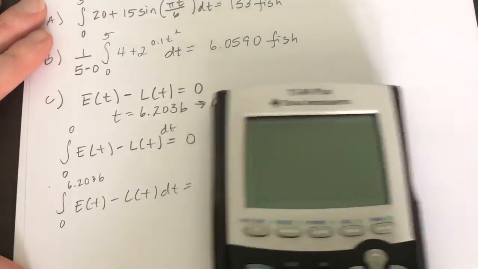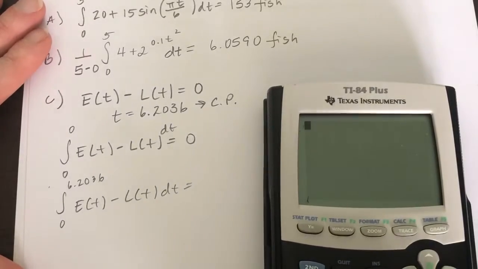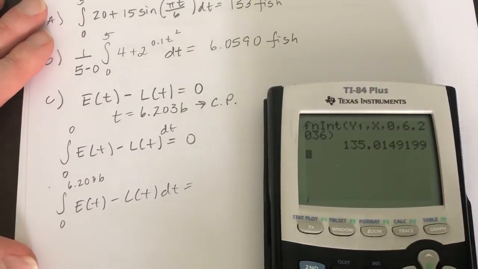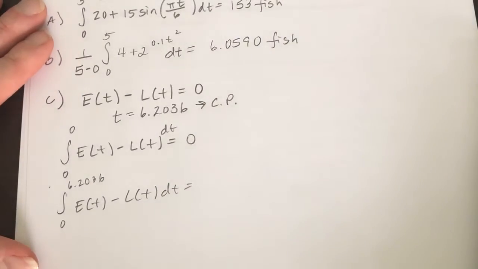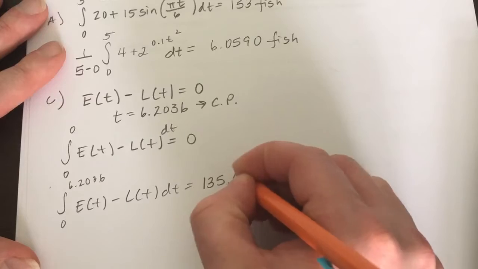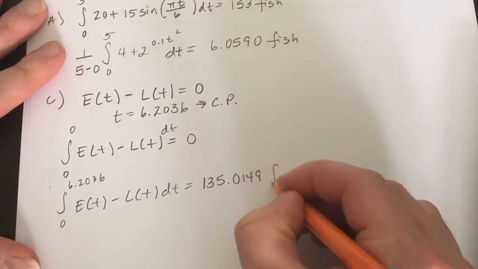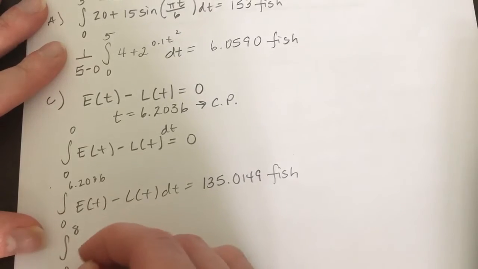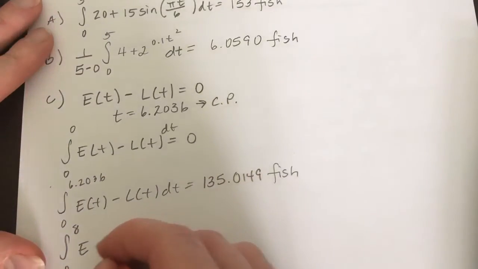Okay, so if I integrate that in the calculator, I get math 9 vars y1 comma x comma 0 comma 6.2036, and I get 135.0149 fish. And I also have to consider the end of the period, which is 8.